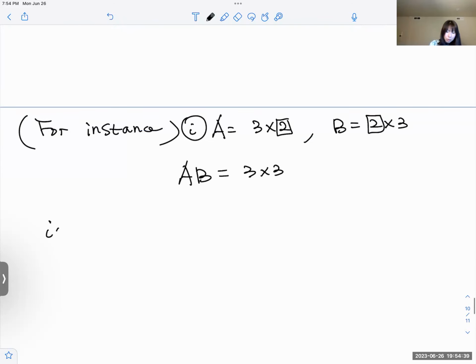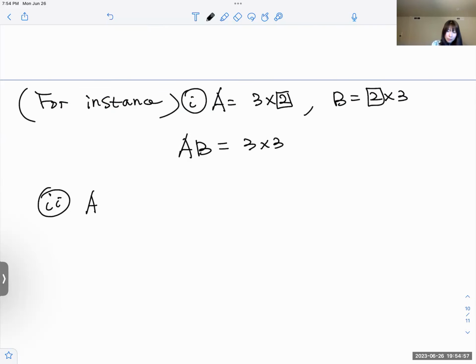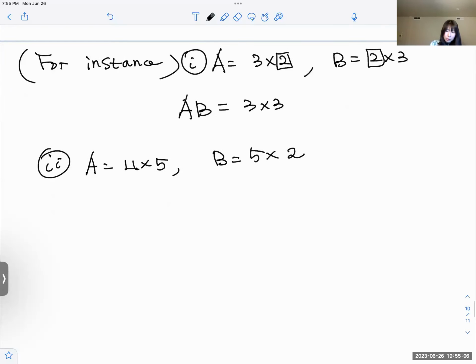Pick a number. About 4 by 5, and B equal to 5 by 2. So what kind of size do we get? 4 by 2, excellent, yes.